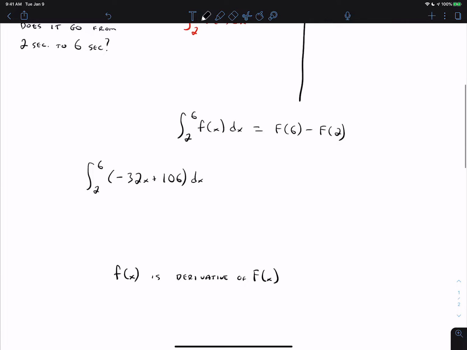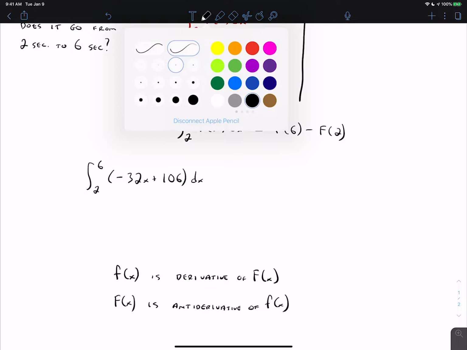And then equivalently, capital F of x is the antiderivative, or an antiderivative, of little f of x. So if we're able to find an antiderivative, then we can plug 6 and 2 into that and subtract.